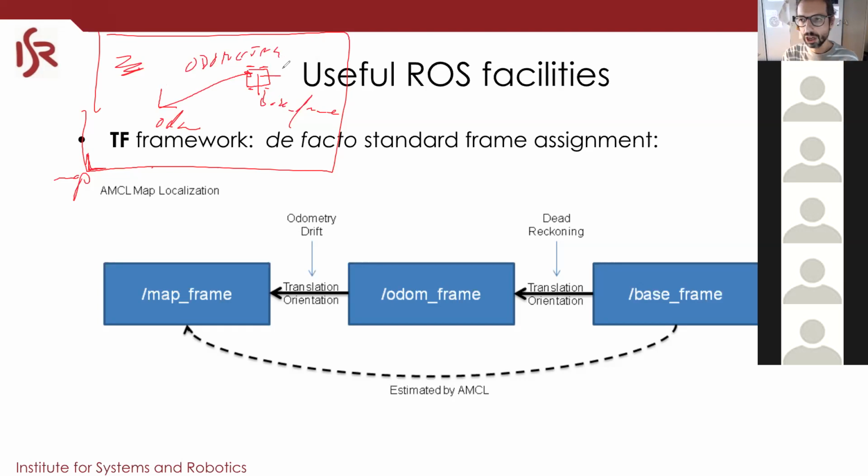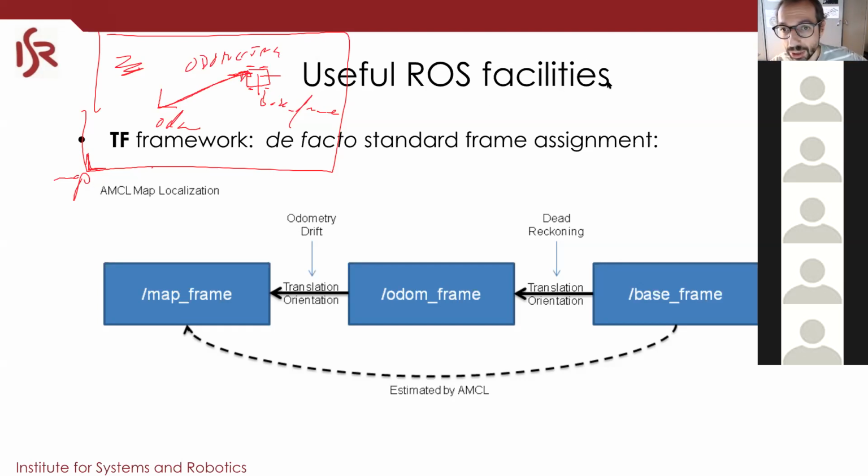If the odometry were perfect, this frame would be static. Since the odometry accumulates error, this odom frame will start shaking a little bit. But the point is that the integrated odometry of the robot is typically published in this transformation from here to there.